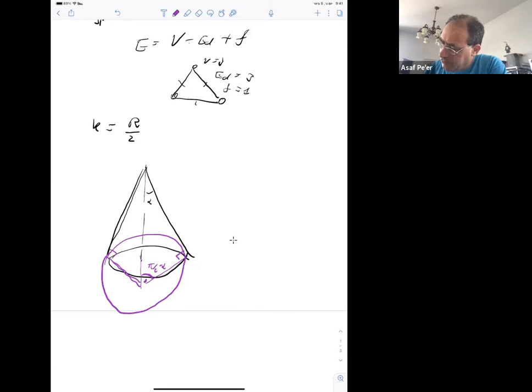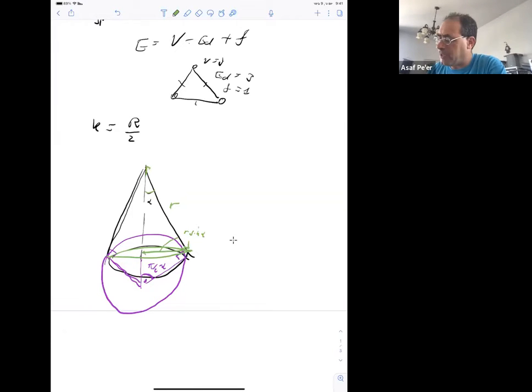So if we now look at the cone itself, I'm going back to the cone. This is alpha, this would be R, let's say. Then the radius of this circle here is just R sine alpha.